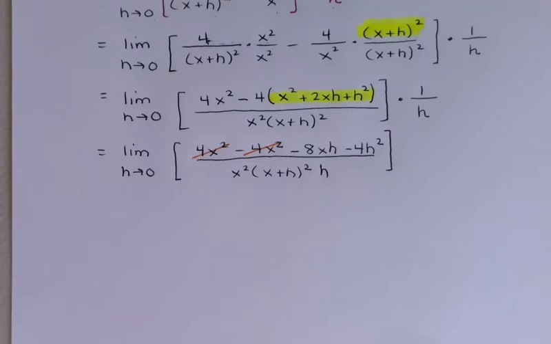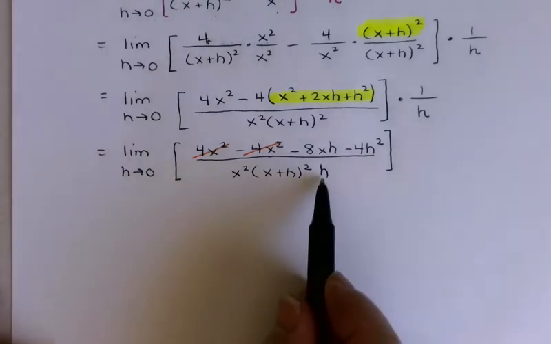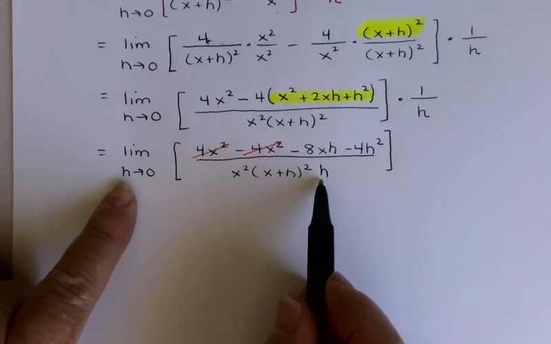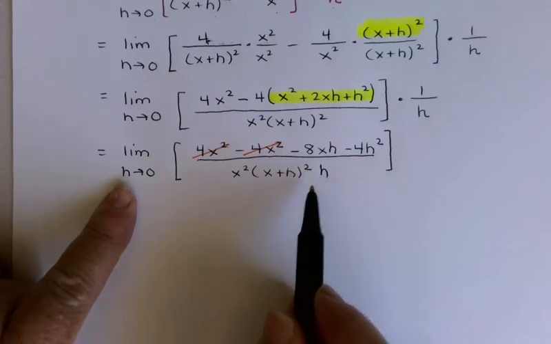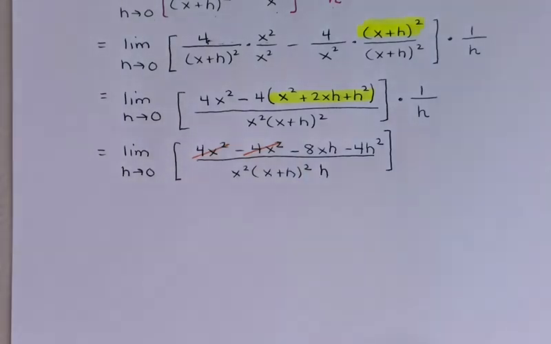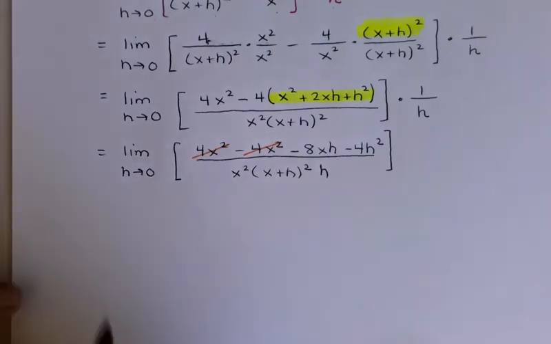It certainly is possible to factor out a 4 or even a negative 4 if you wanted to, but my real goal here is to be able to cancel out this h. I'd like to be able to divide that out so that I don't have that 0 in the denominator anymore. So I'm not going to bother factoring out the -4. I'm just going to go ahead and pull out the h. That's what I'm trying to divide out.